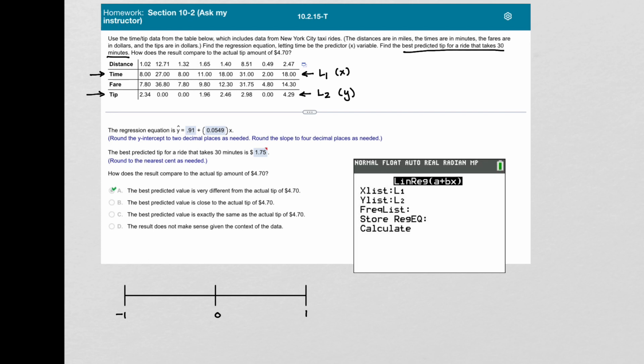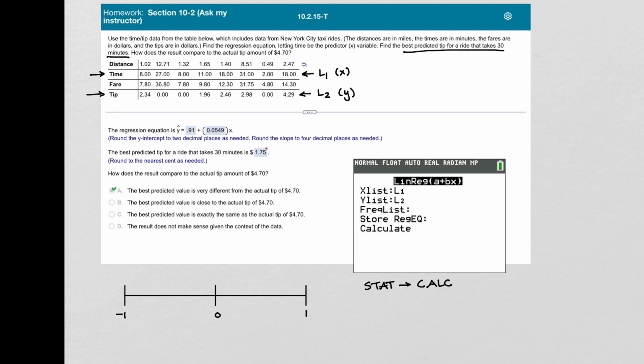So once you have that data in list 1 and list 2, then I'm going to do LinReg A plus BX. So to get to this screen, again, I click on stat, and then I go over to the calc window. So I use my right arrow to get to there.